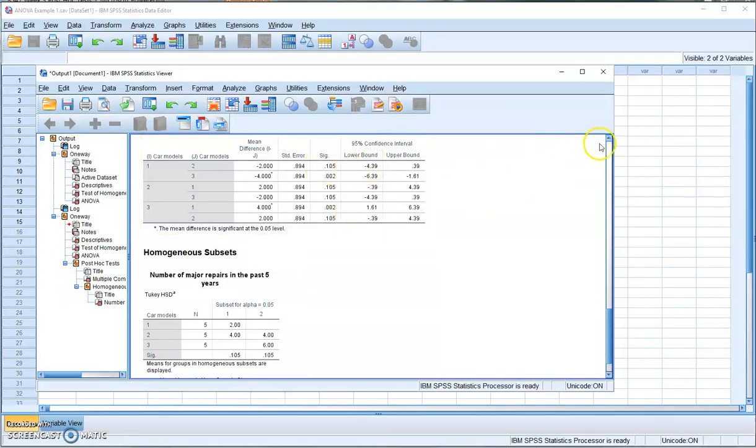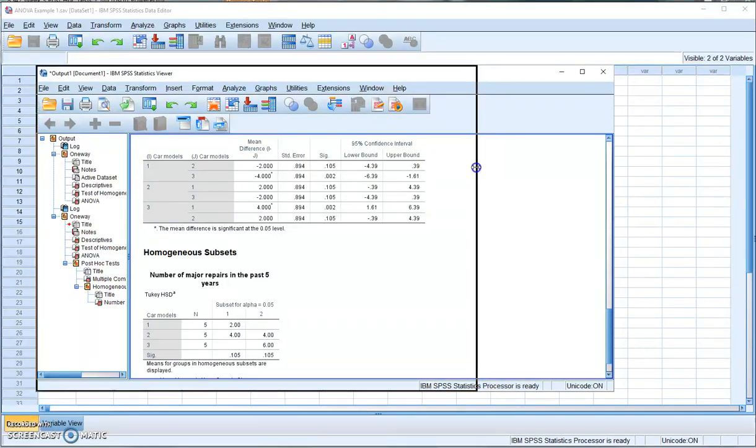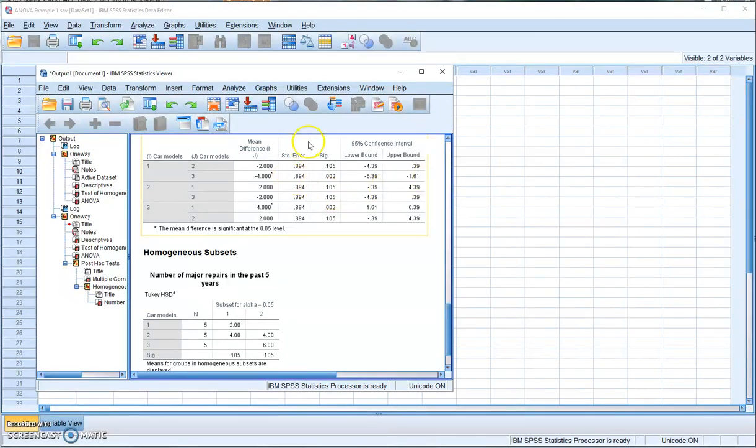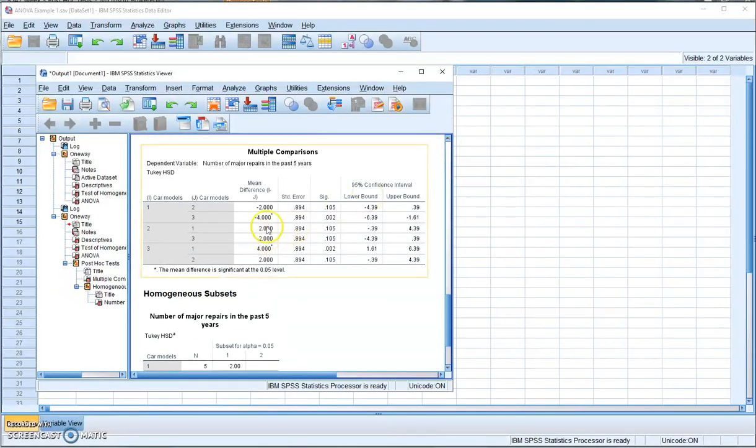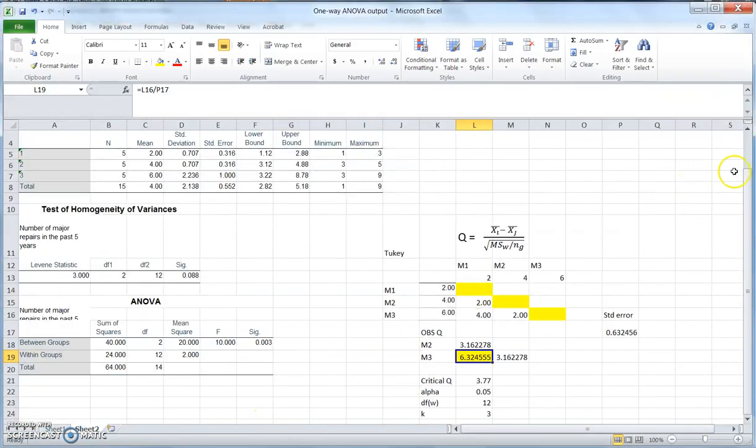Okay, and remember, the different post hoc tests differ from each other in how they choose the standard error. And in SPSS for the Tukey test, there's a modification, so the standard error looks different than what we have in our manual calculation, the manual calculation of standard error of 0.632. That's okay.